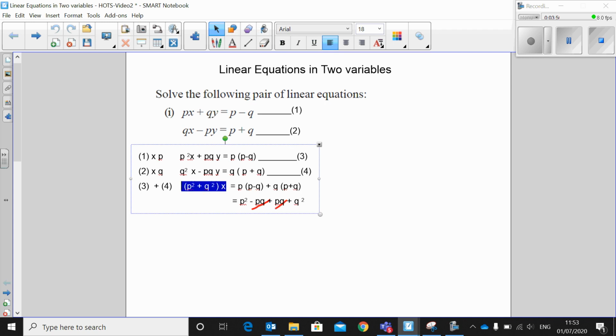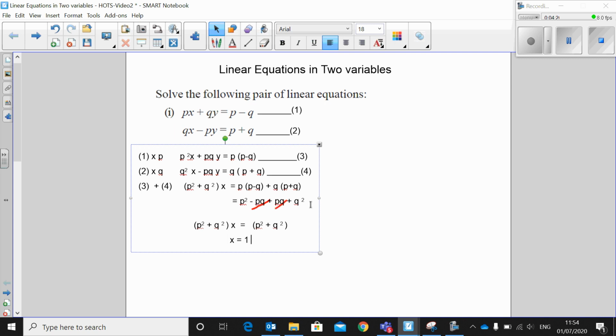So we have p square plus q square x, which is equal to p square plus q square. Then x is equal to p square plus q square divided by p square plus q square, which gives us x is equal to 1.